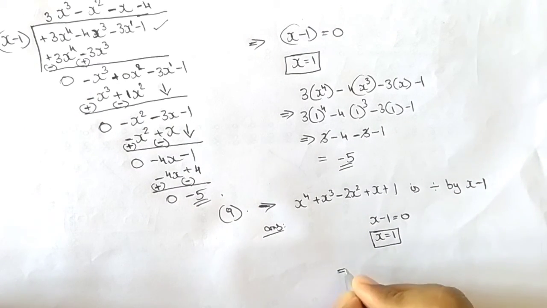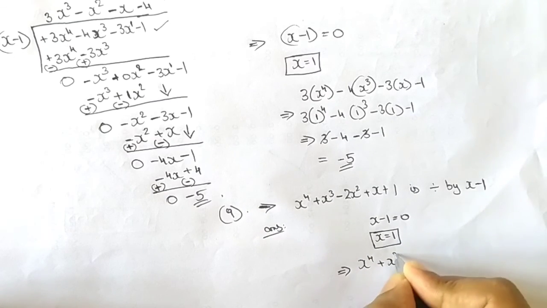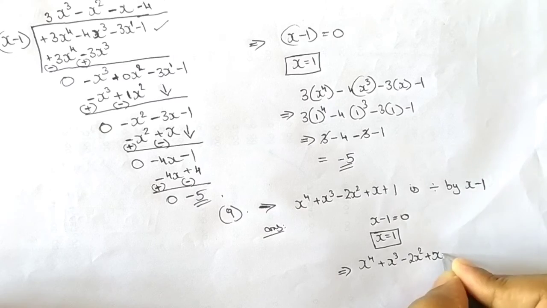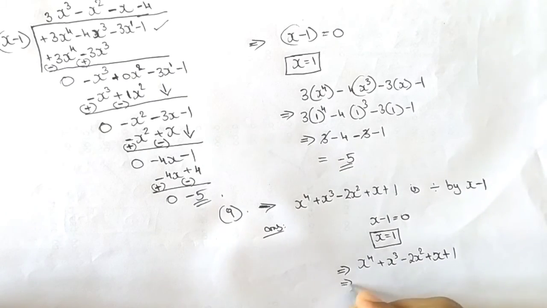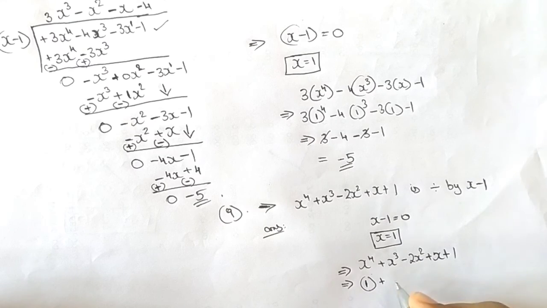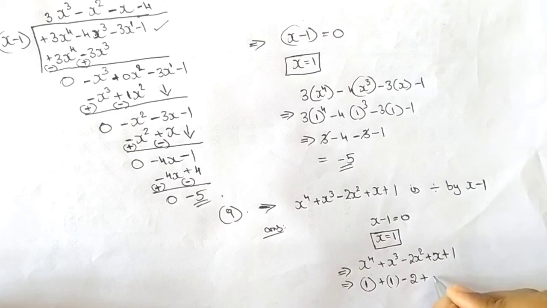The given question is x power 4 plus x cube minus 2x square plus x plus 1. Substitute 1 here. 1 power 4 is 1 only. 1 power cube is also 1 only. 1 square into 2 will give you 2. Plus 1 is 1.